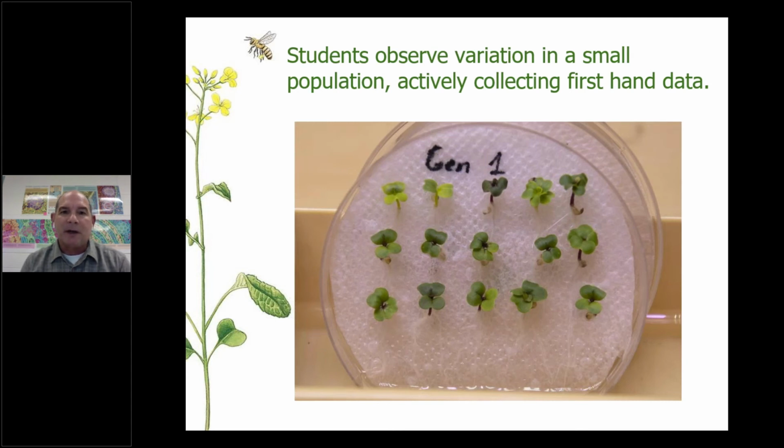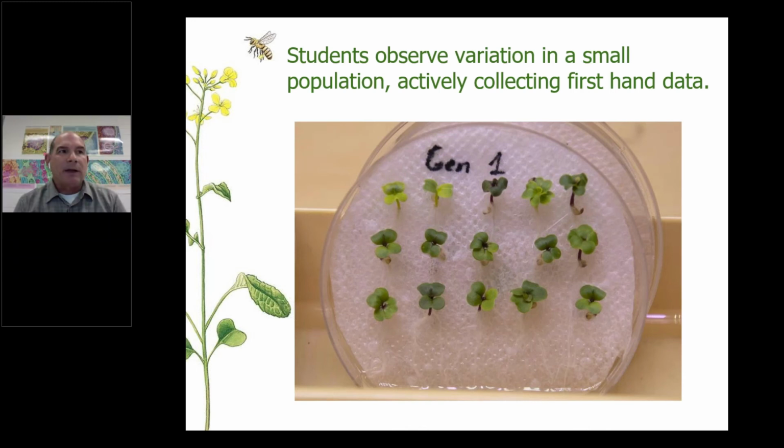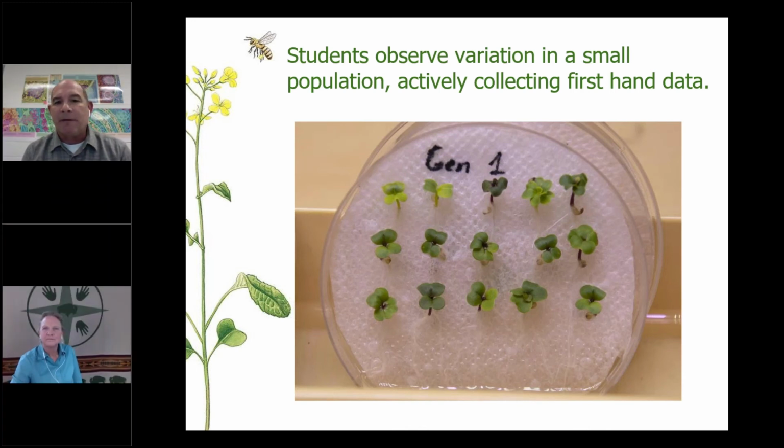I'm planning on using this in my AP biology class this year. I will probably grow the plants and share pictures, just because of the situation that I'm in. But if that changes and I'm allowed to give them seeds to grow, by all means, I would rather them be doing the exploration. So I'm going to hand it back to Hetty at this point, and she's going to talk to you a little bit further.